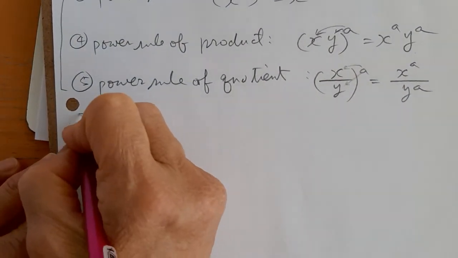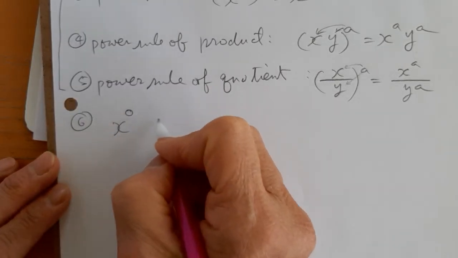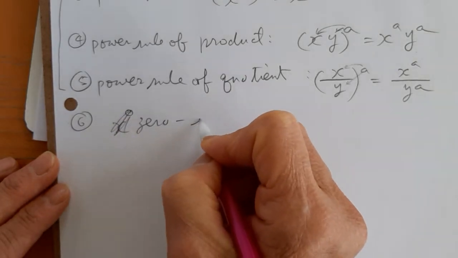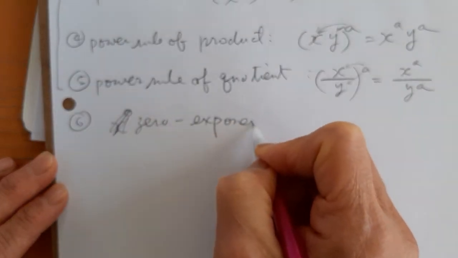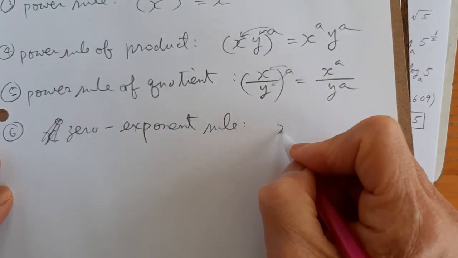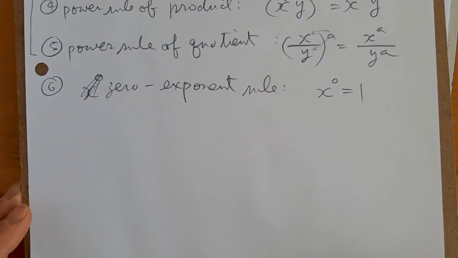Then the next one we call the zero exponent rule: any number x to the power 0 is always equal to 1.